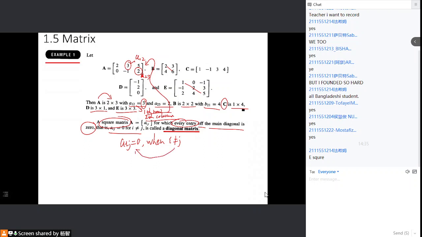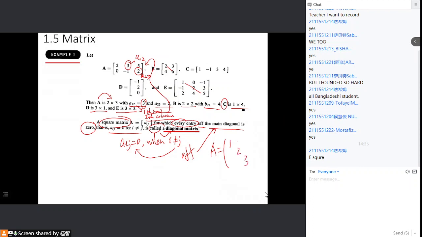This element is not an element of the main diagonal, while the other is an element of the main diagonal. And we call this matrix a diagonal matrix. It means only the elements of the main diagonal may not equal 0, but the other elements are equal to 0.